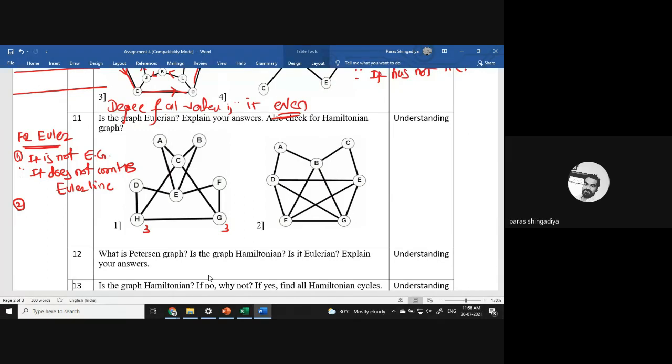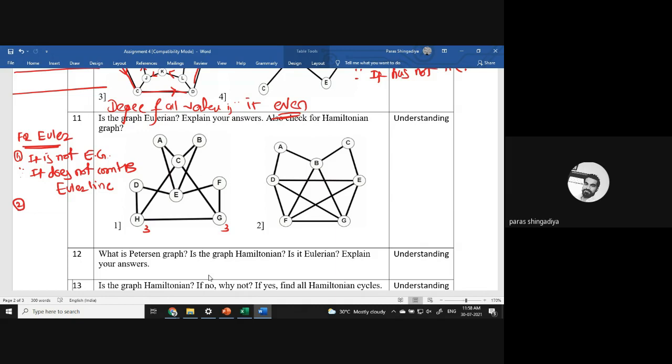What is your circuit in the first graph? I think it will not be a Hamiltonian graph.